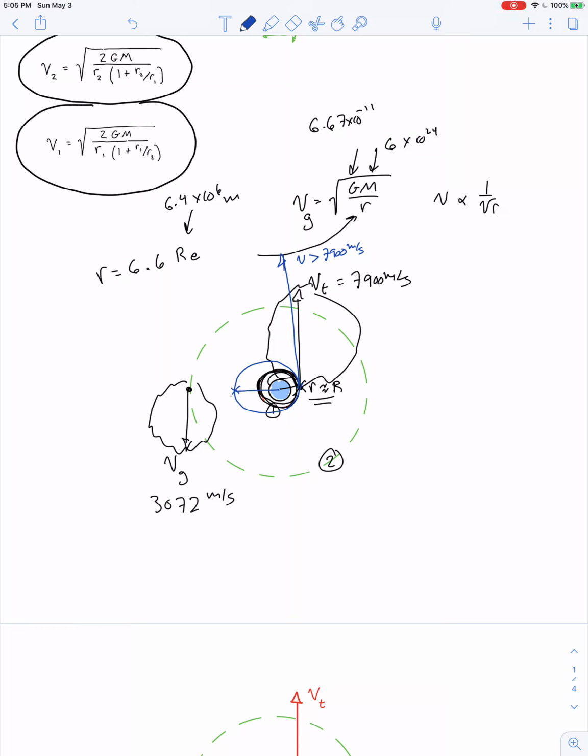So make this velocity even greater still. Then an even bigger elliptical orbit. Well, you see where we're going with this.